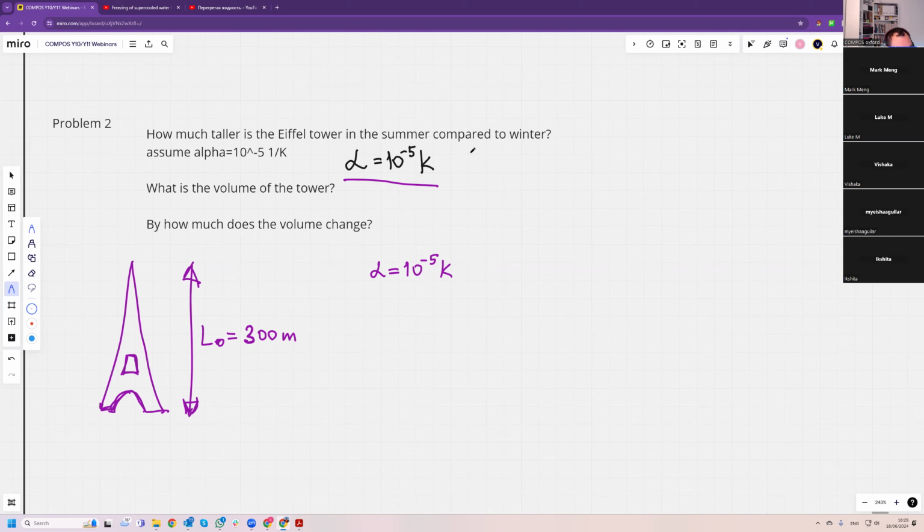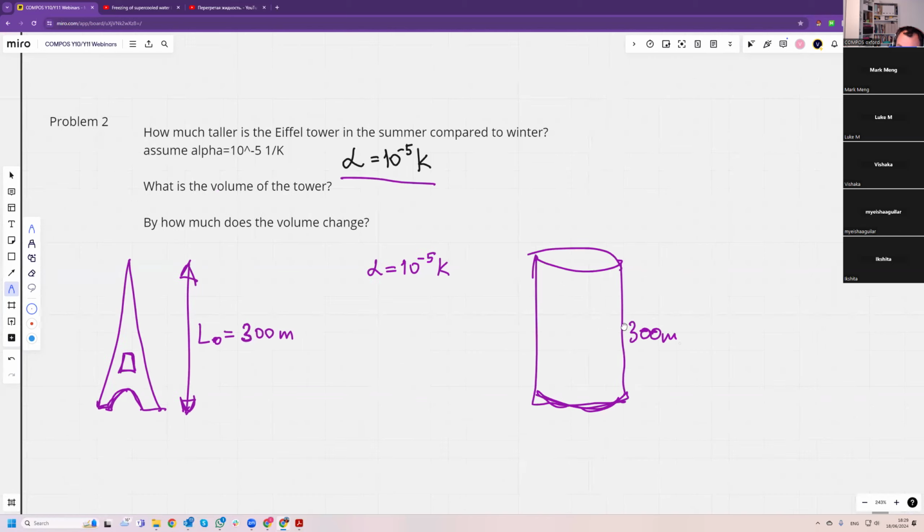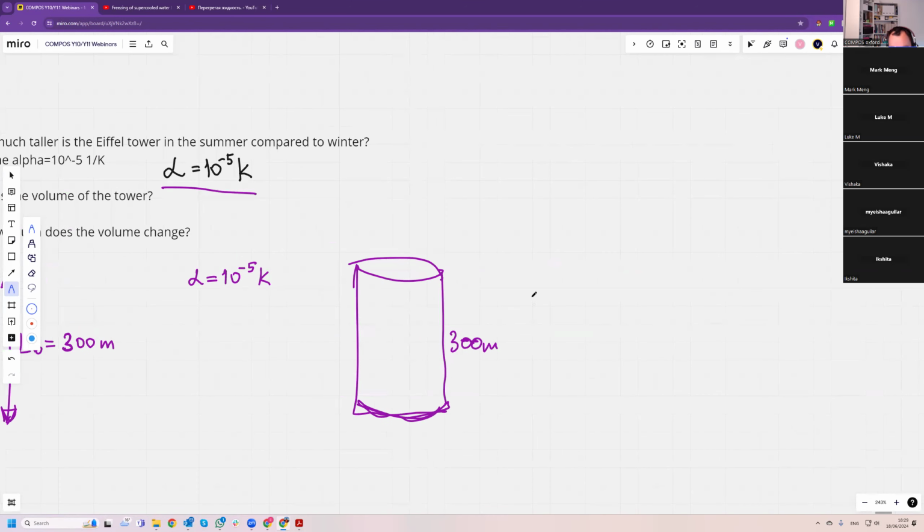Regardless of the volume. The volume doesn't matter. Even if the Eiffel Tower was a solid cylinder made of iron of 300 meters, it would weigh a lot more than it does now.